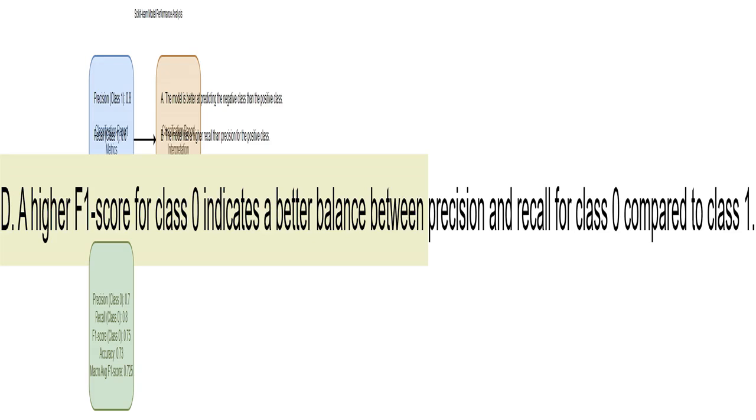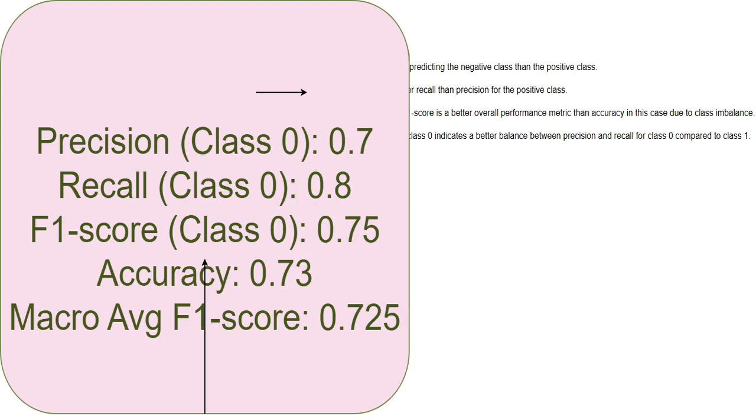Interesting. This statement is absolutely true. The F1 score for Class 0 is 0.75, while for Class 1 it's 0.7. This shows a better balance of precision and recall for Class 0. For Class 0, the negative class, I see 70% precision, correct negative predictions, 80% recall, correctly identifying actual negatives, and an F1 score of 0.75.